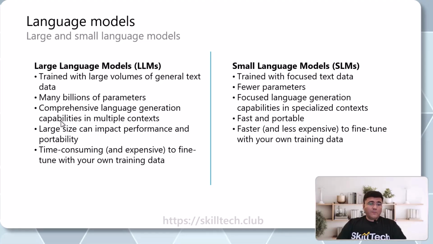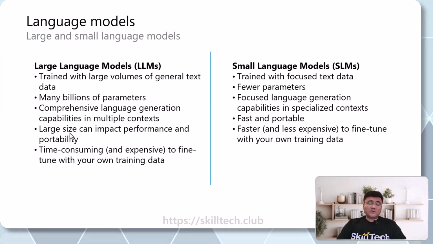Large language models have comprehensive language generation capabilities available inside them, and they are capable of doing this in multiple contexts. On the other hand, small language models are focusing on language generation capabilities in a specialized context only, not multiple contexts. There are pros and cons on both sides.